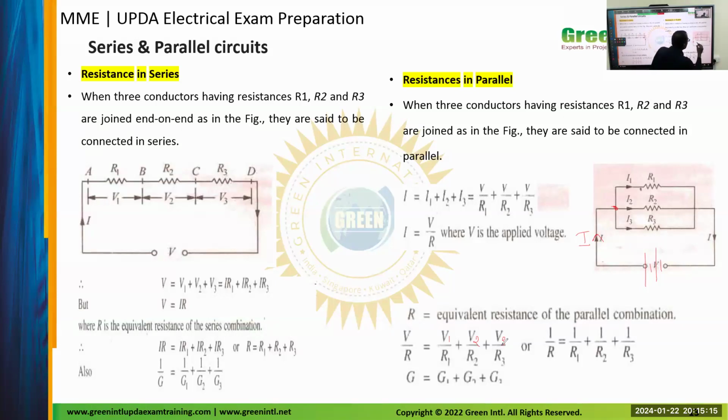This is I1, the blue color is I1, the current flowing this way. The pink color, the current flowing through I2, is flowing into R2 alone.